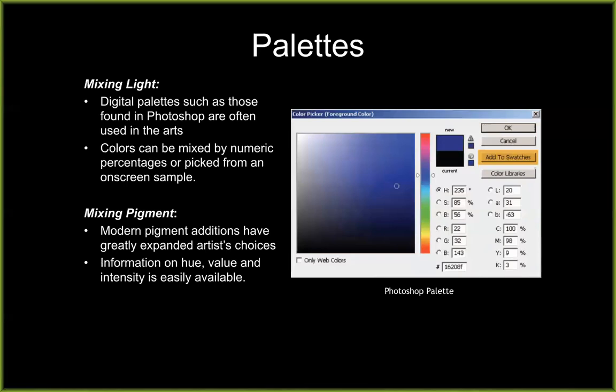We don't use that color mode very often. By default, we're in the RGB mode, and you can actually put in different amounts of red, green, and blue to get a specific color.